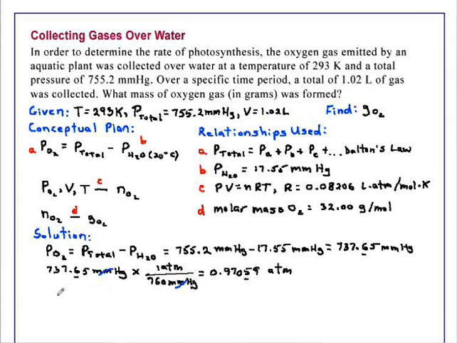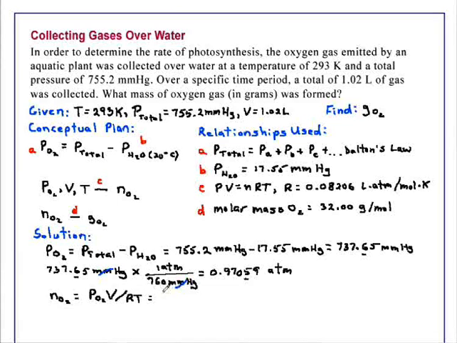Now we can plug into the ideal gas law, PV equals nRT, and solve this for the number of moles of oxygen. So the number of moles of oxygen will equal the partial pressure of the oxygen that we just calculated times the volume divided by the gas law constant R times temperature.